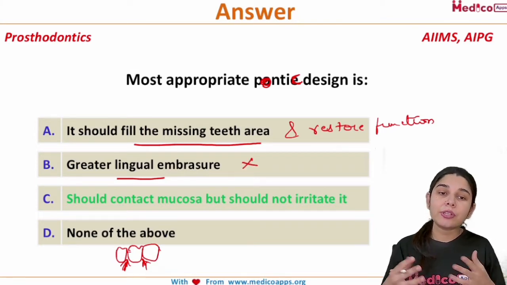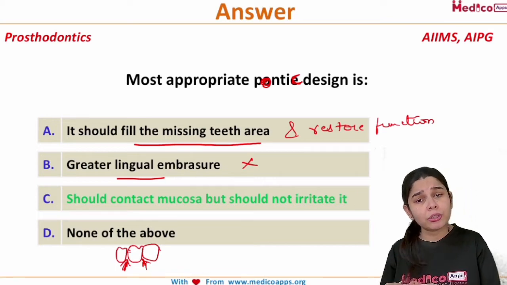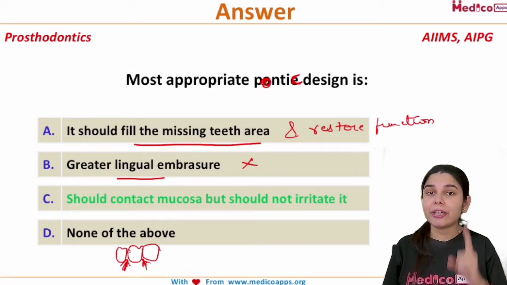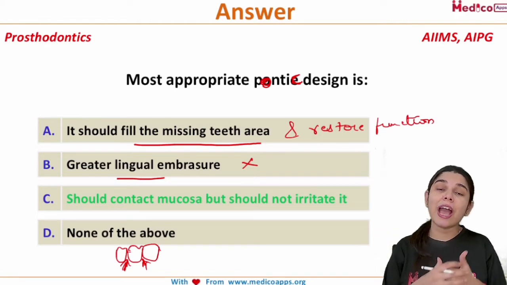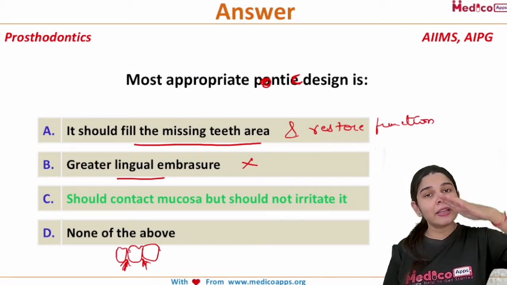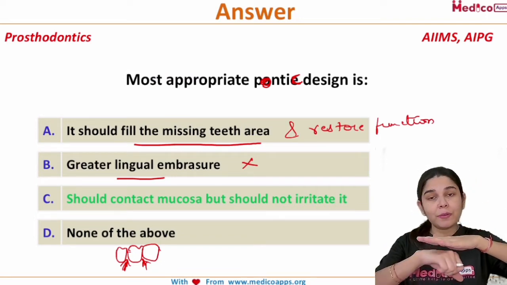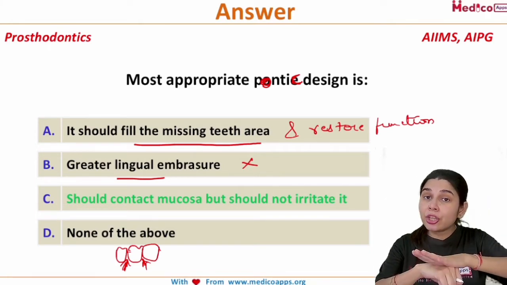Then comes option C: it should contact the mucosa but should not irritate it. Yes, this is the answer to the question which I asked you. It should not be hanging in the air. Definitely it should be in contact with the oral mucosa, but it should not impinge on it.